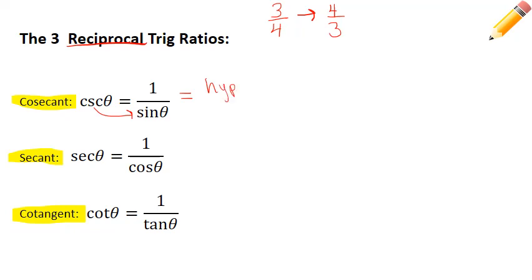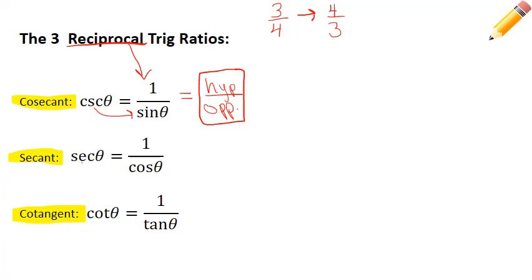We're going to have the hypotenuse over the opposite. So some people will show you that cosecant is the same thing as 1 over sine theta. What they mean by 1 over the sine of theta is the reciprocal of sine. So that's going to result in the ratio hypotenuse over opposite.